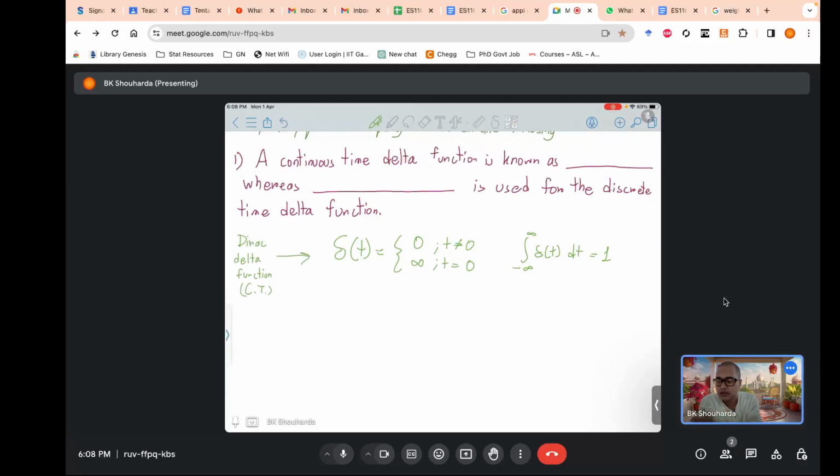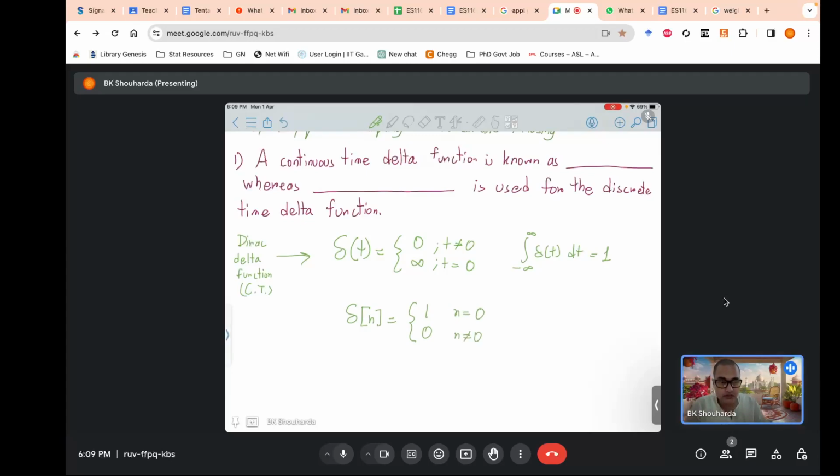Okay, and then we have the same discrete delta function, which actually behaves like this: delta n equals 1 when n equal to 0, and it's equal to 0 when n not equal to 0.